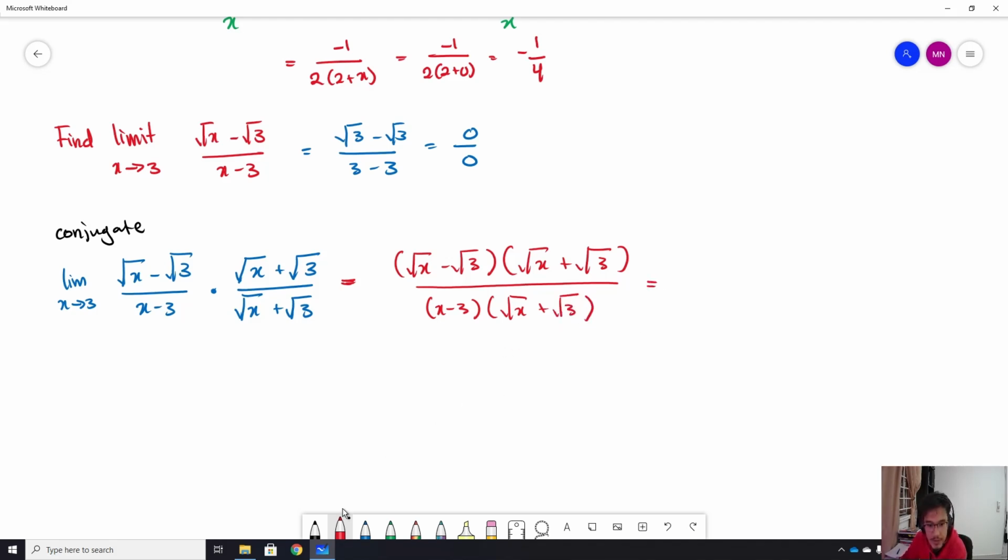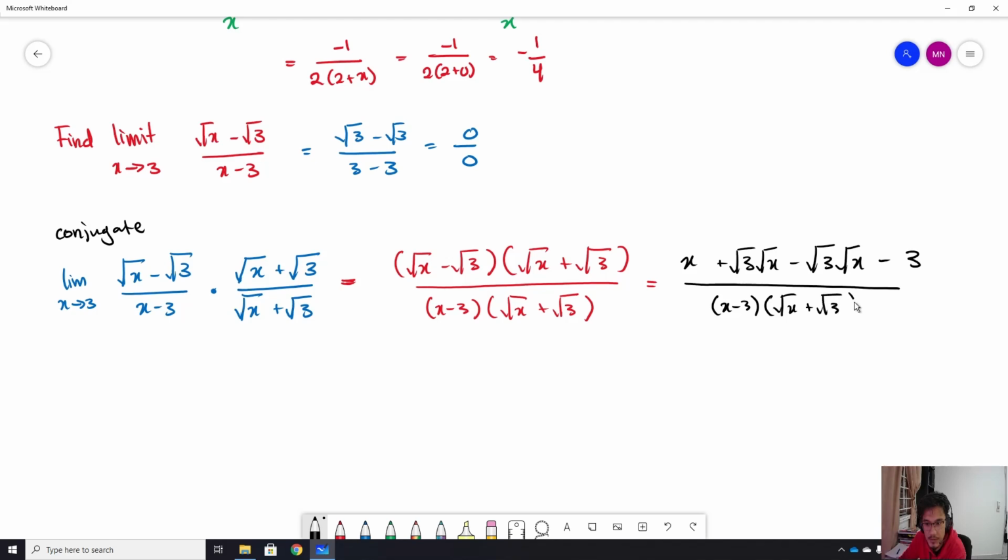So from here we will have x plus square root of 3 times square root of x, minus square root of 3 times square root of x, minus 3, over x minus 3 times square root of x plus square root of 3.